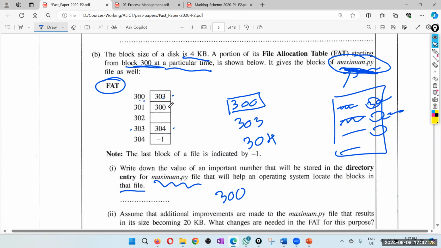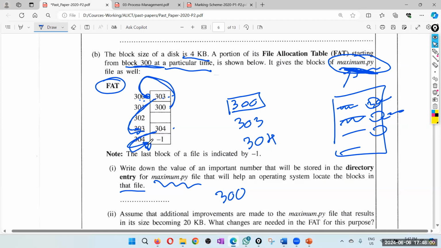So you need to find out which block is linked to which. For example, 301 says 300, so from 301 you need to go to that block. Then it says 303, so from that block you need to go to that block. And this says 304, so it needs to go to that block, and that is the stop.